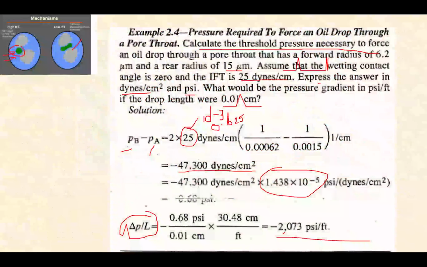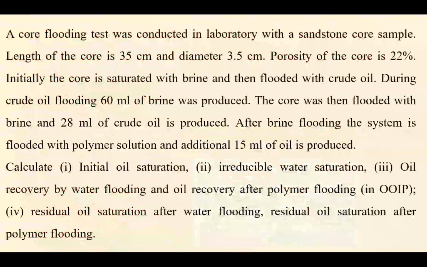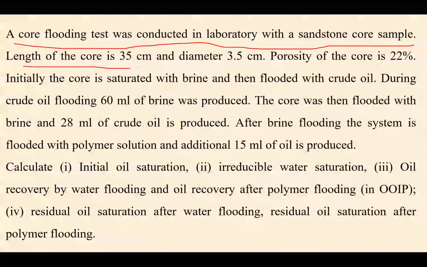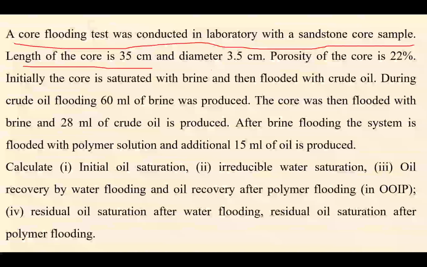So here the problem is, say, a core flooding test was conducted in a laboratory with a sandstone core sample, and the length of the core is 35 centimeter, and the diameter is 3.5 centimeter.